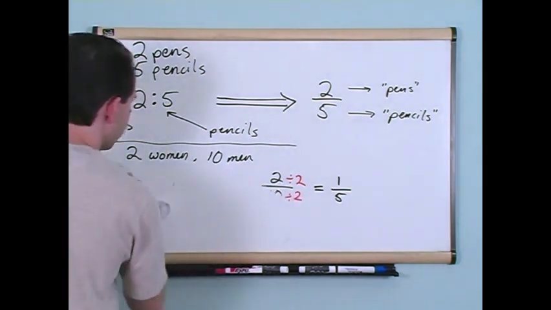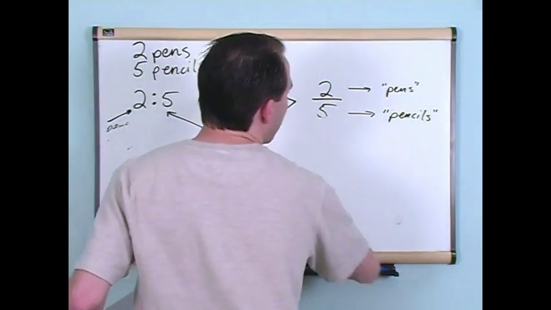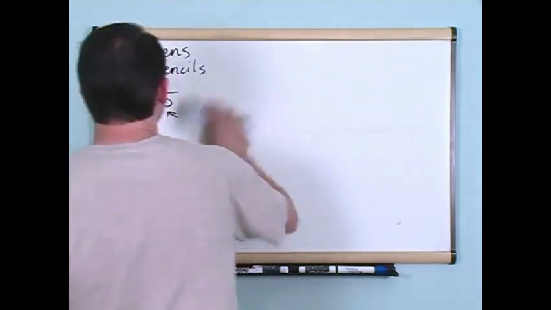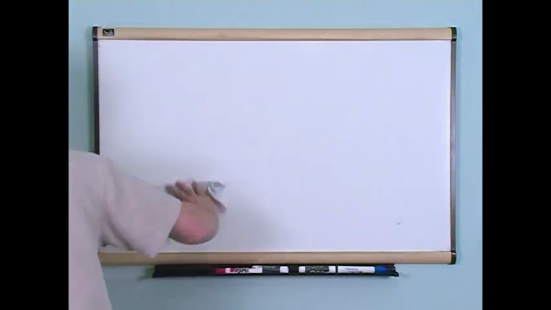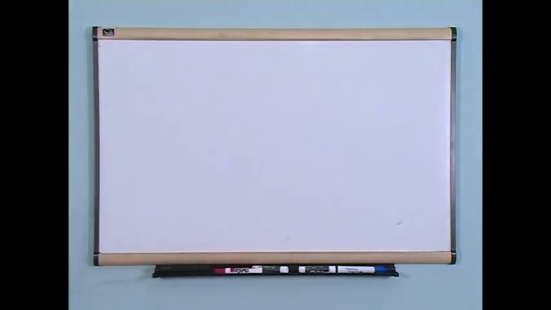Now we're going to do some problems to kind of show you why this is useful, okay? Because that's really the most important thing here. Why is this useful? Let's say you have a bucket of apples in the grocery store, okay? You have 2 good apples for every 12 that you pull out of the bucket.